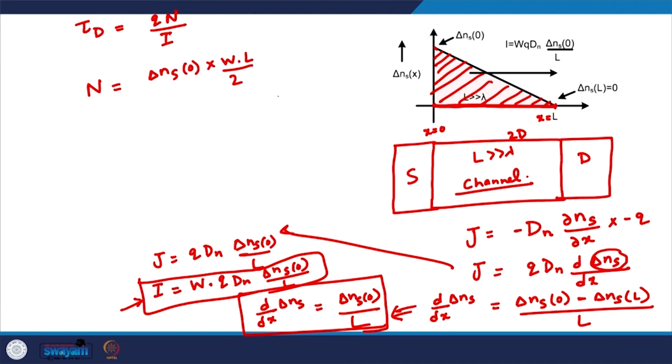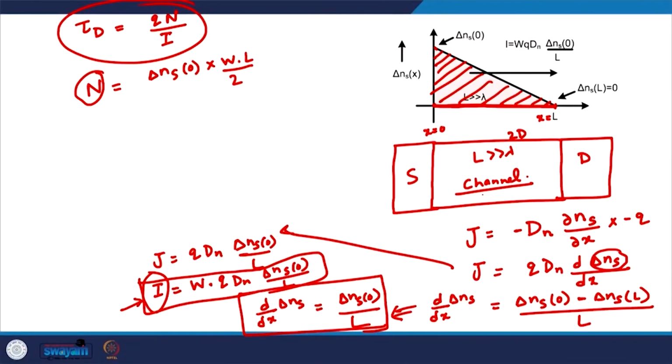The area is W into L by 2 because this profile is linear. So we now have N, the steady state population, and the steady state current. We can now find out this tau d just by putting these two in this expression. Okay.